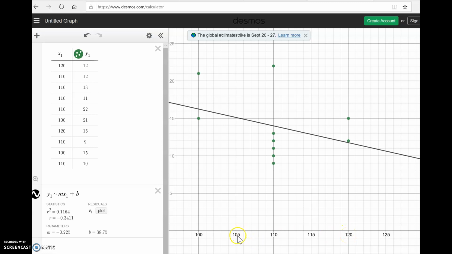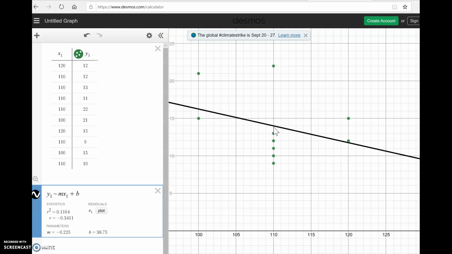So for example, if I want to predict a cereal that has a calorie of 105, it's probably going to have a carb of 15.125 grams. Or if I want to predict a cereal that has a calorie of 110, it's going to have approximately 13.98 for the carbs.